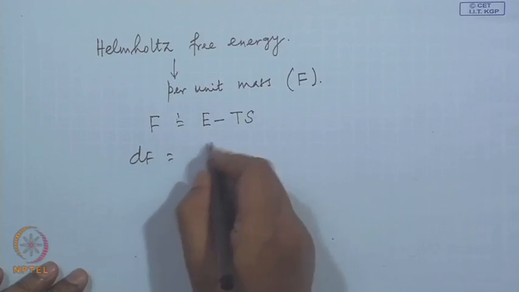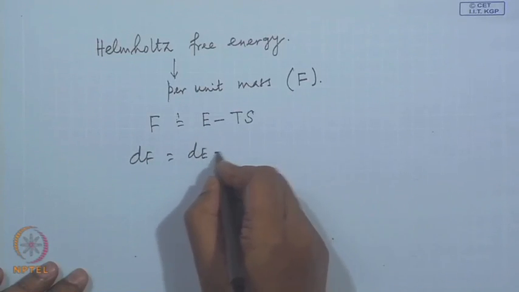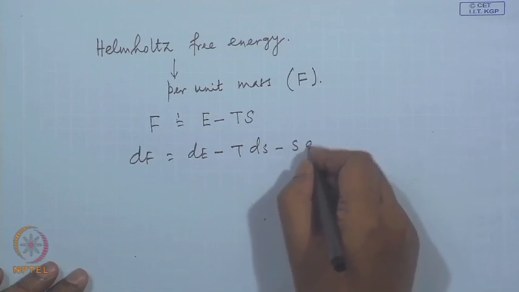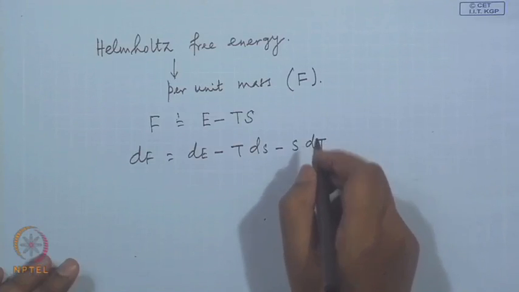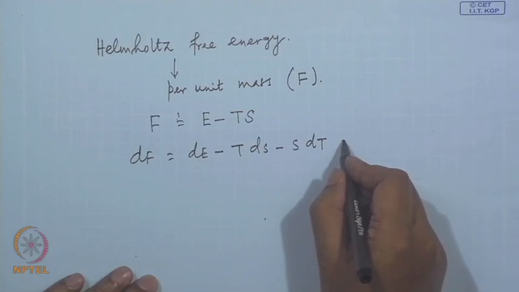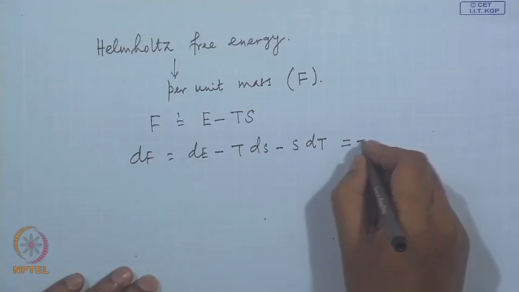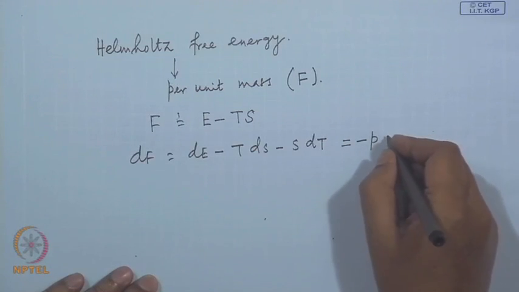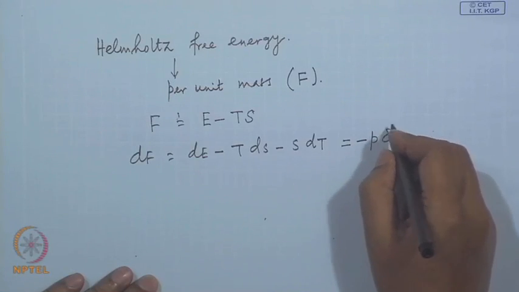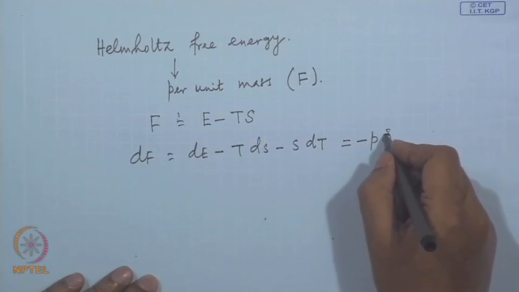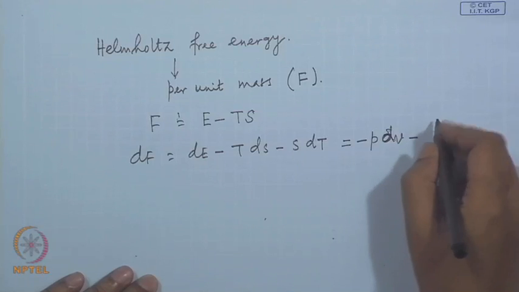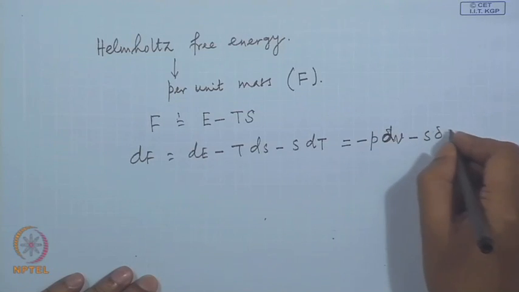So, this gives dF equal to dE minus T dS minus S dT, which is P dV minus S dT.